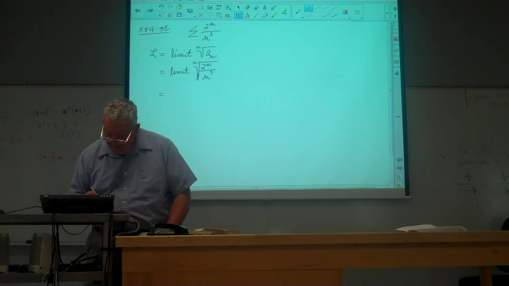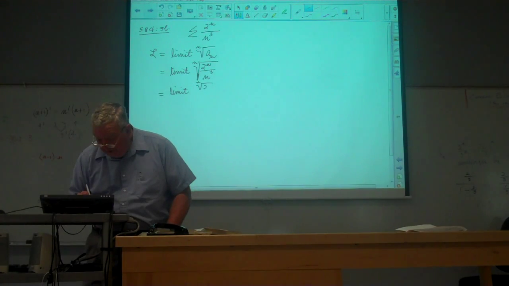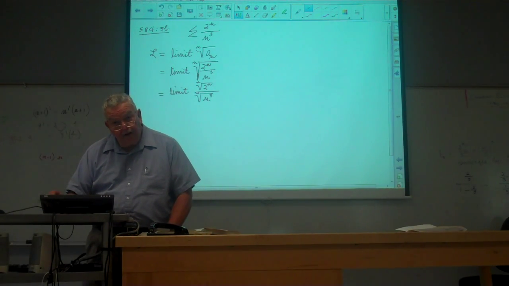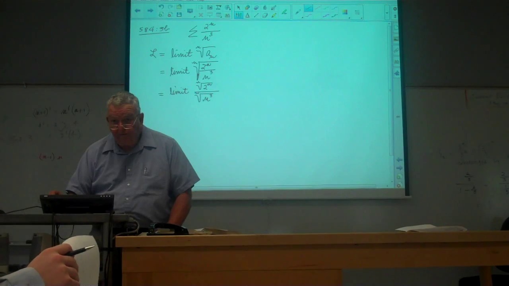But that's equal to, you don't have to put all these steps in, that's equal to the limit of the nth root of 2 to the n, is it not? Over the nth root of n to the third. Is that correct, everybody?